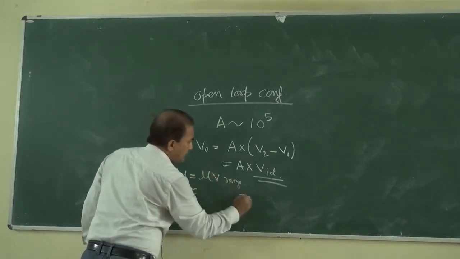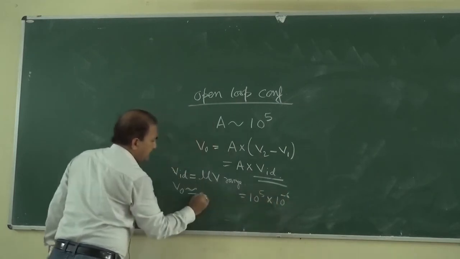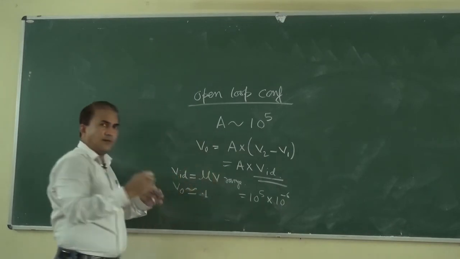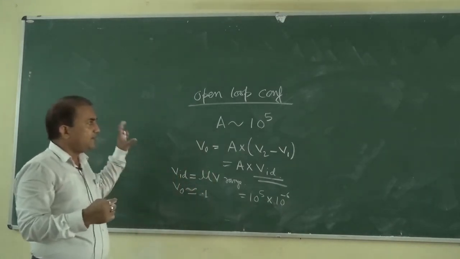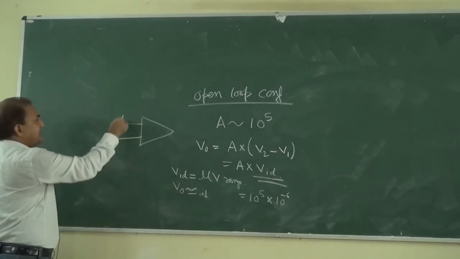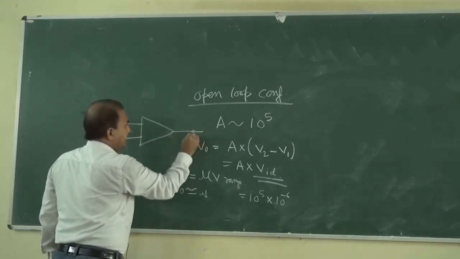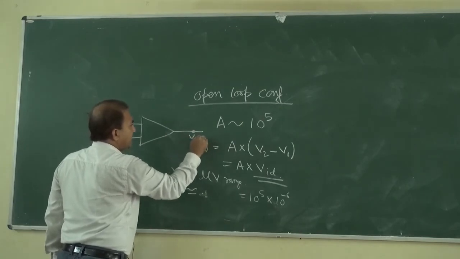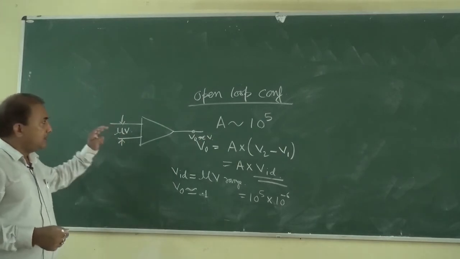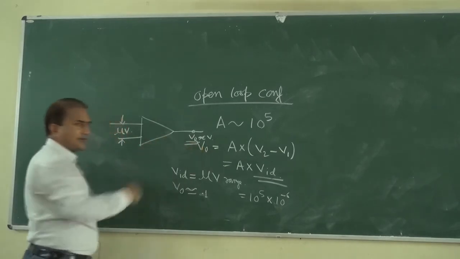It is equal to 10 to the power 5 multiplied with 10 to the power minus 6, so it is 0.1 volt, or in the range of volts. So if VID on the input side is in the microvolt range, then V output will be in the range of volts. So for a small increase in input voltage, V output is very high.